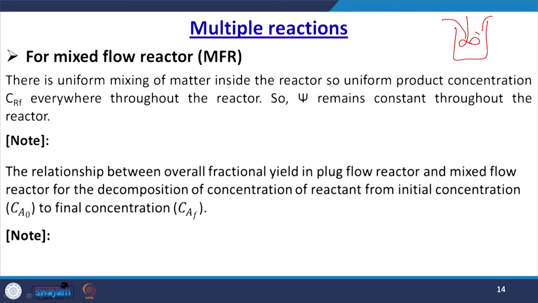Therefore, psi remains constant throughout the reactor. So, if we try to write the equation, then phi m, where m represents the mixed flow reactor, is equal to psi evaluated at CAF.